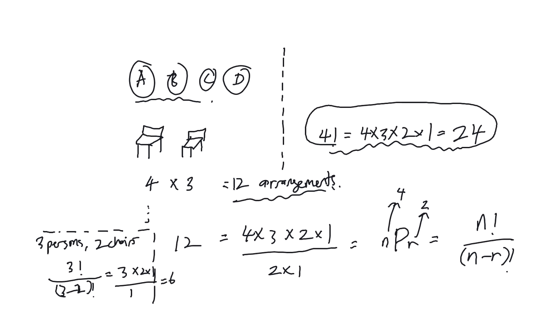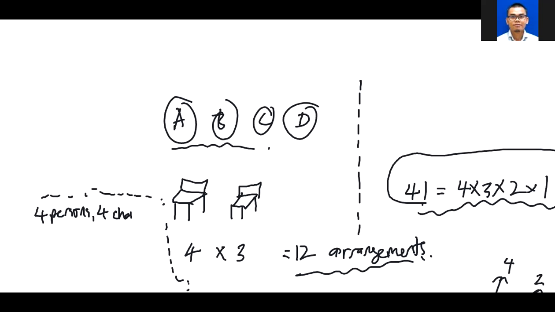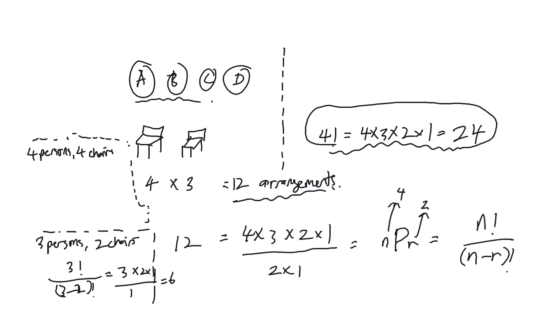If 4 persons, 2 chairs, then 4 factorial over (4 minus 2) factorial, so that is 4 times 3 times 2 times 1 over 2 times 1, so that is 12.